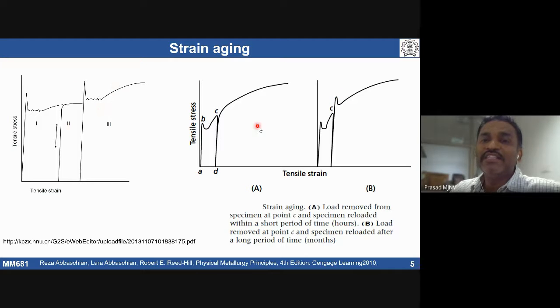At the same time, the yield stress of the material increases. This whole concept is called static strain aging, or simply strain aging phenomenon, that can take place in certain materials like low carbon steels. Is it clear what I'm talking about? Strain aging.